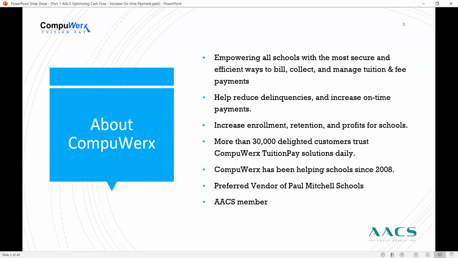All right, let's talk about CompuWerx and just give you a little overview of who we are, what we do. CompuWerx Tuition Pay has been helping schools since 2008. We empower all schools with the most secure, effective, and easy way to bill, collect, and manage tuition fee payments. We help reduce delinquencies and also increase on-time payment.